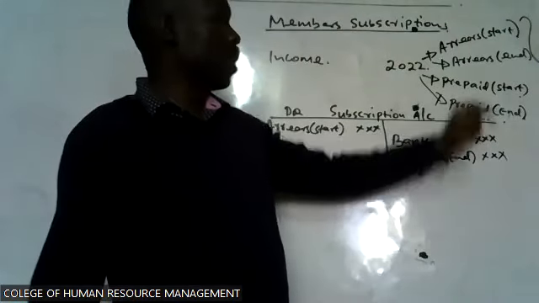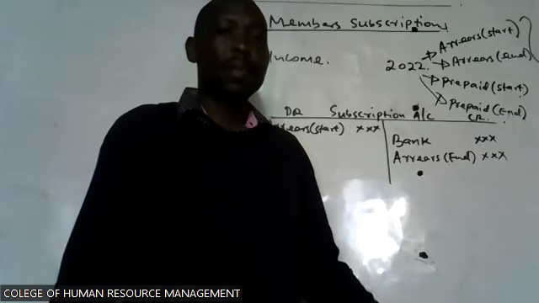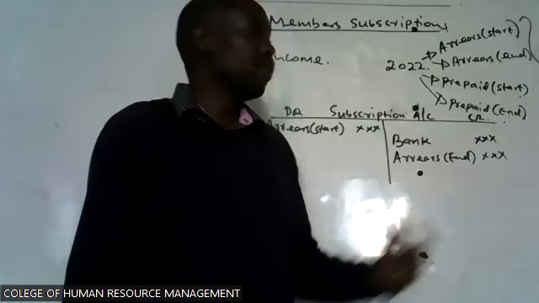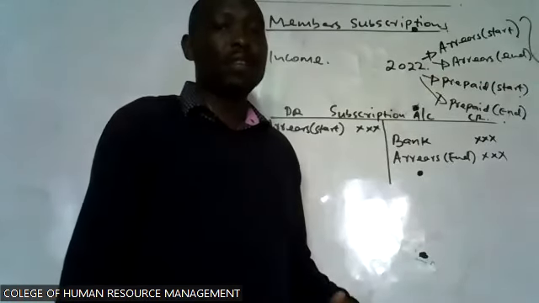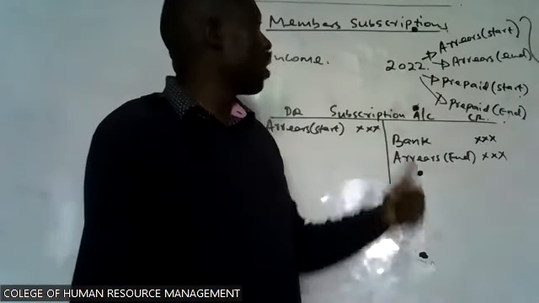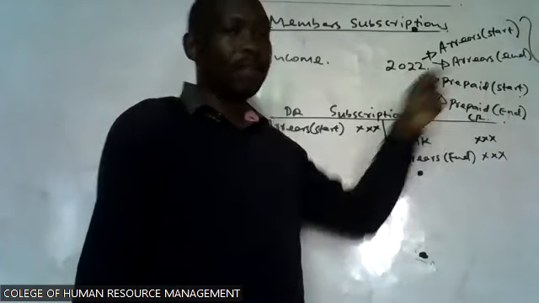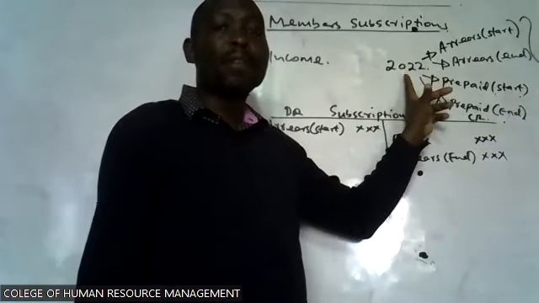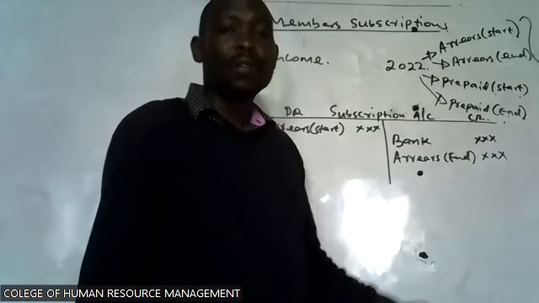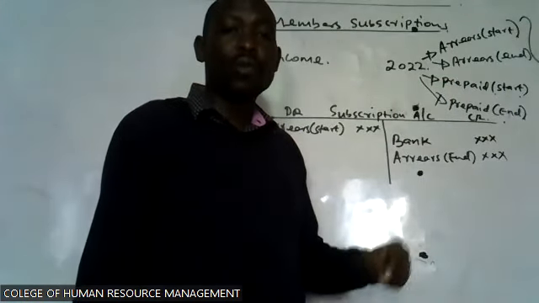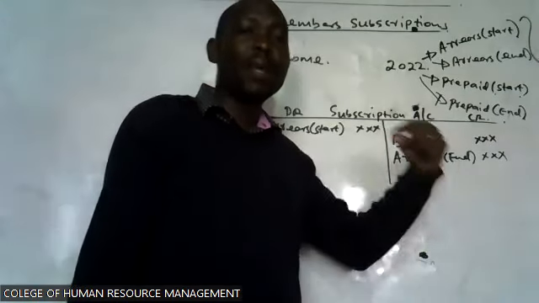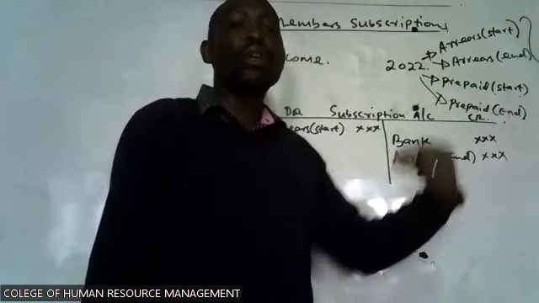Then we come to prepayment. Remember, we have said prepayment occurs when excess money has been paid or received. In this case, it is received because it is income. So when we talk about prepaid at the start, remember it is at the start of 2022. Some members had paid excess. What does that mean? In the year 2021, we had some members who paid excess, meaning that they paid for 2021 and 2022.